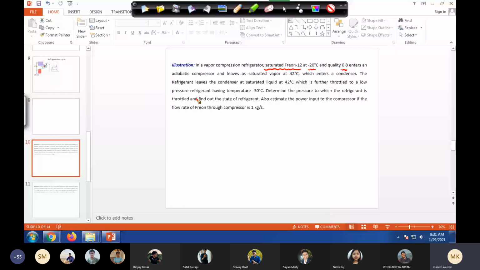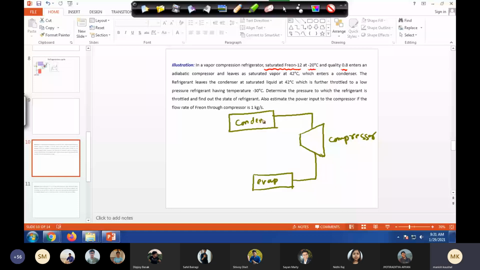So before we solve, let's draw a schematic quickly. We have the evaporator, then it will go to a compressor, then to the condenser, and then the throttler.